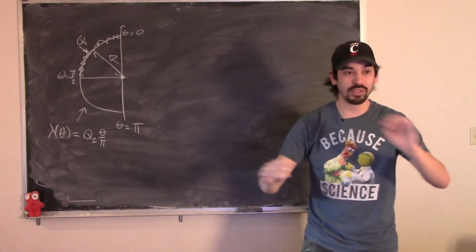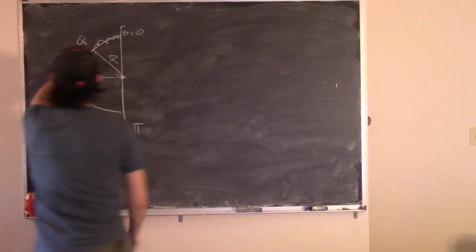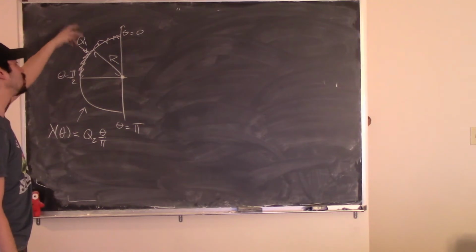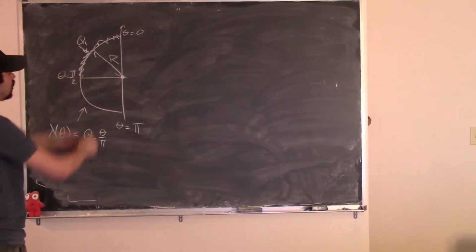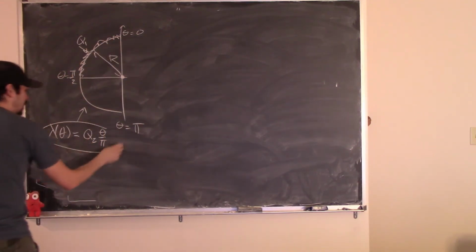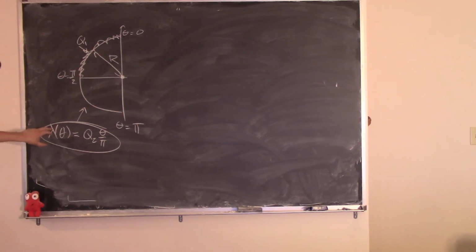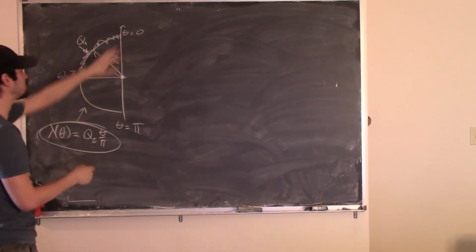So to go back to what I had said previously, if these were just some charge q1, some charge q2, kind of the way that I had it on the homework, that are evenly spread, you could define theta however you want. But because I tell you that there's some lambda as a function of theta, the charge density varies with theta.